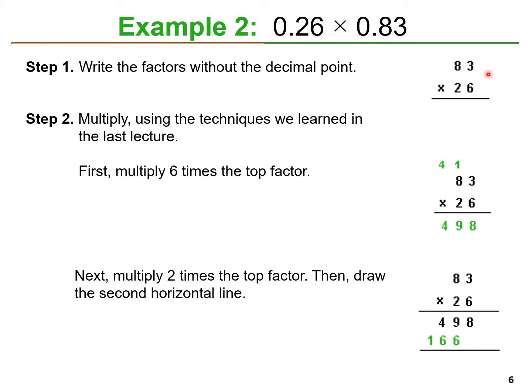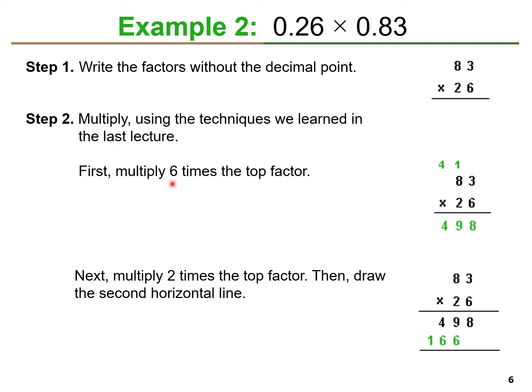Now, in this case, because both numbers have the same number of digits, we could put the 26 on top. But sticking with what we learned in the last lecture, we're going to put the larger factor, 83, on top. In step 2, multiply using the techniques we learned in the last lecture.